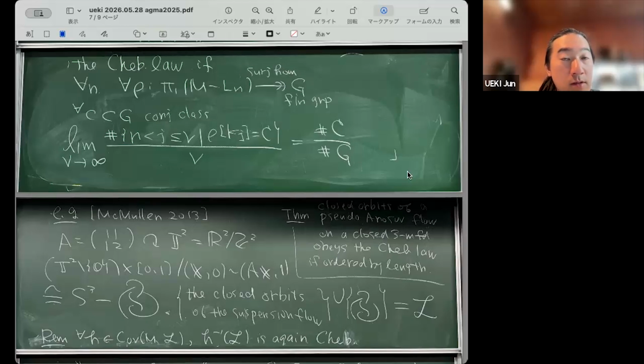Its closed orbits and the figure 8 knot obey the Chebotarev law if they are ordered by length. This is McMullen's result. We remark that the inverse image of such a link is again Chebotarev in any finite cover.